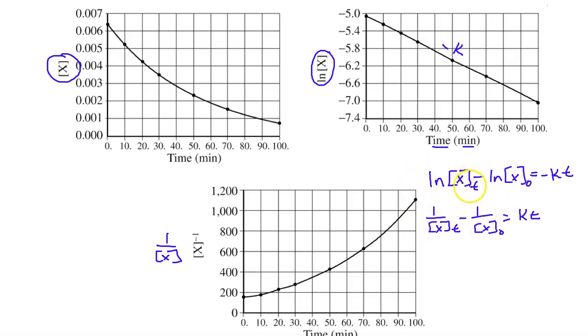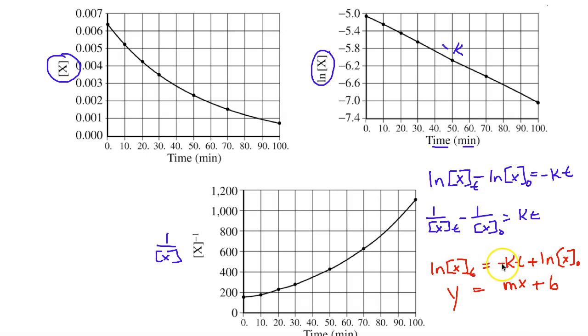Now, what you should recognize is that if I was to rewrite the equation for the first one, I have ln of x at t equals negative kt, plus the natural log of x at the 0 power. What I have here is my y equals mx plus b. And so my slope is negative k.